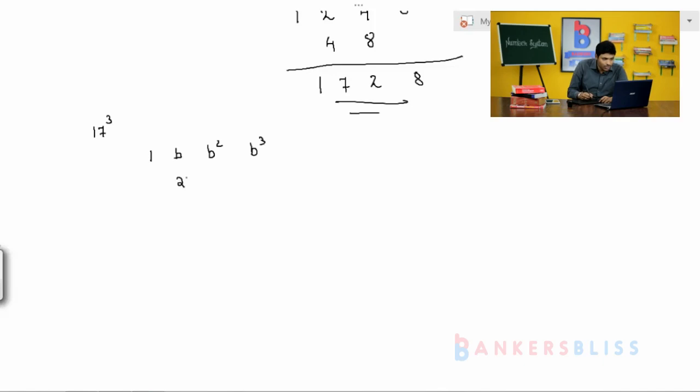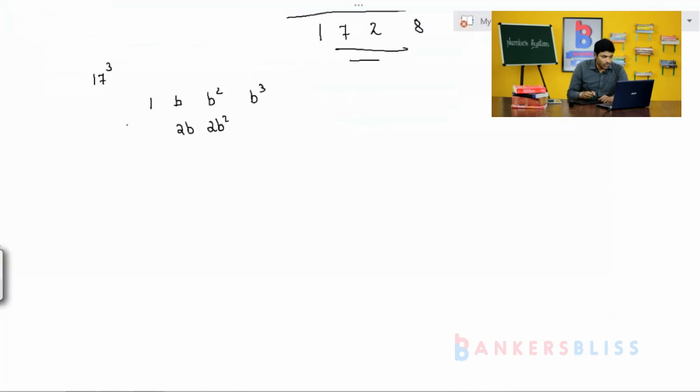Next 2B, 2B square. Now 1 7, 7 square 49, 7 cube 343. Now 2B means 7 into 2 is 14, 2B square is 49 into 2, that is 98. So you add.